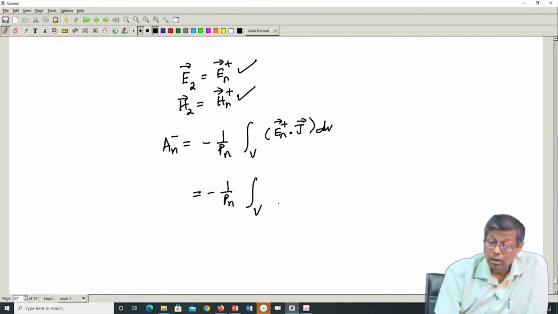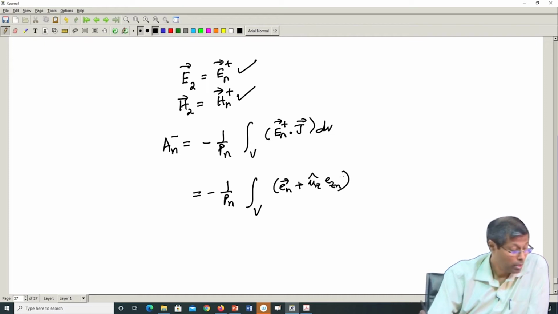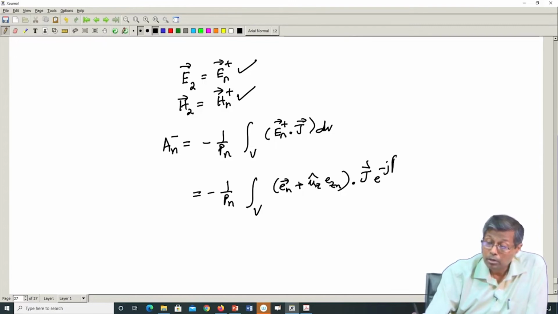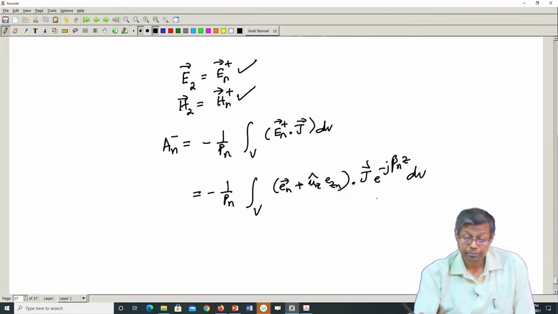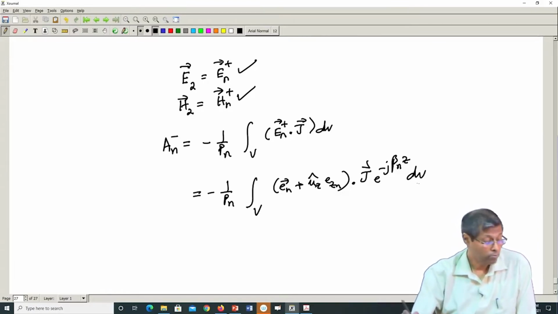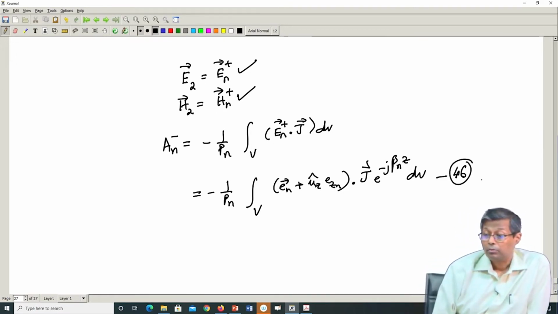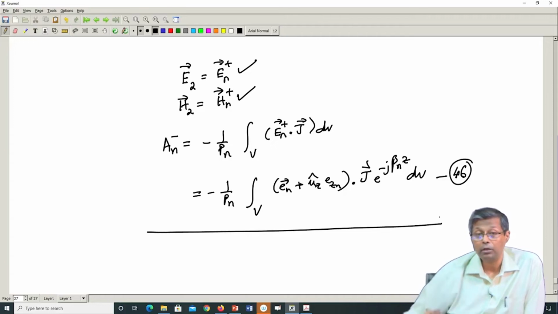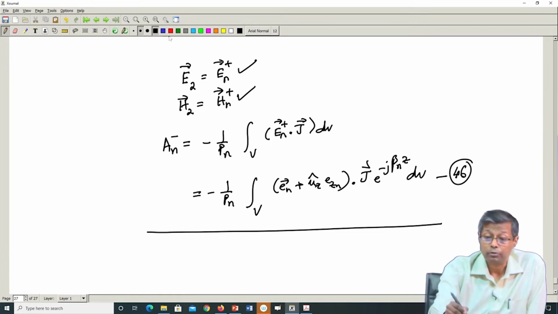We expand E n plus, and that is E n plus u z E z n dot J e to the power minus j beta n z dV. Let us call this equation 46. So, this is the amplitude of the nth reverse going wave radiated by the electric current source J.